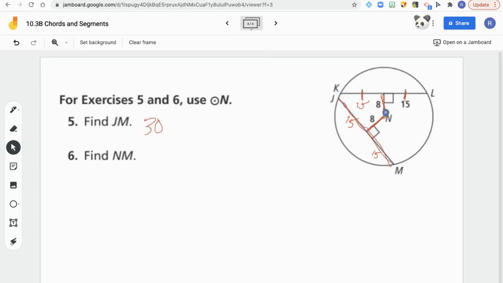And if we want to find NM, we're going to have to use our Pythagorean theorem. So we have 8 squared plus 15 squared is equal to x squared.